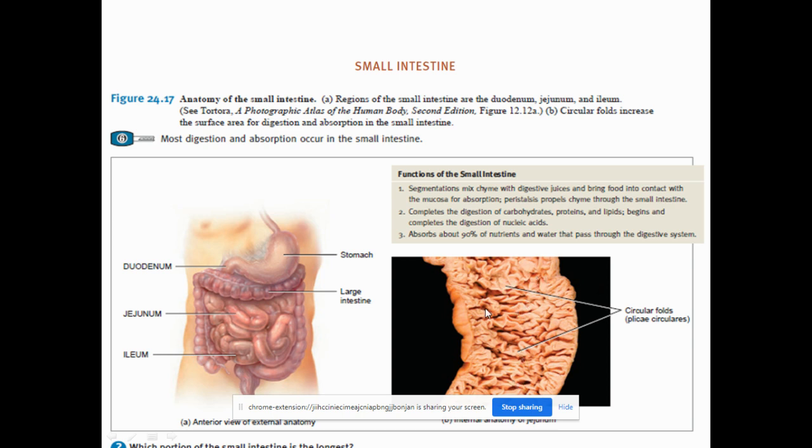It takes some time, and this movement in the small intestine is like a segmentation movement. Okay, this segmentation movement, that the circular muscles of the small intestine contract and relax segment by segment. Okay, first one segment will contract, the next segment will relax. So the next segment will contract, and the previous segment will relax.